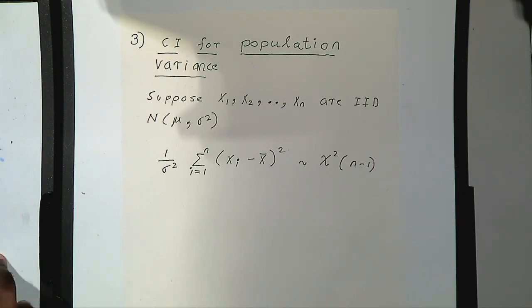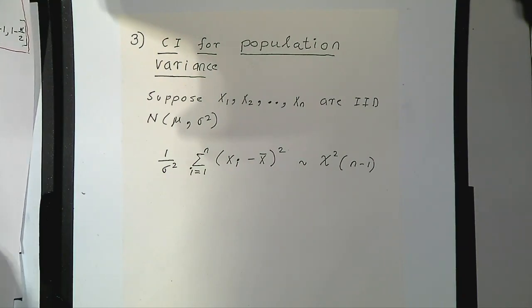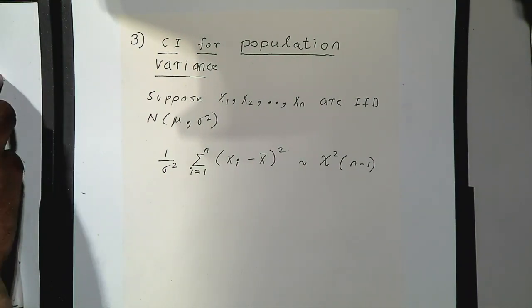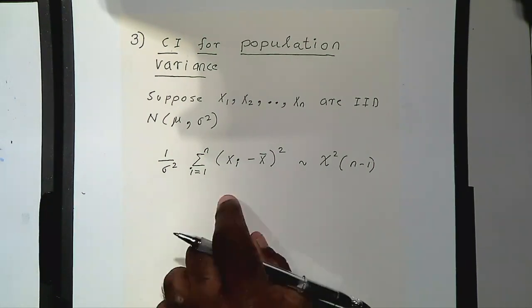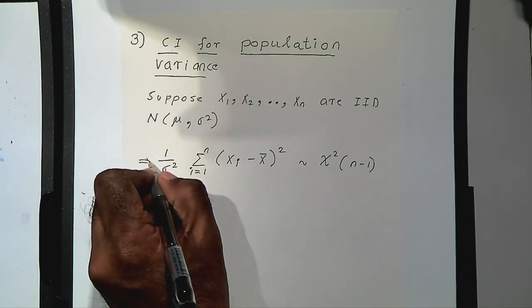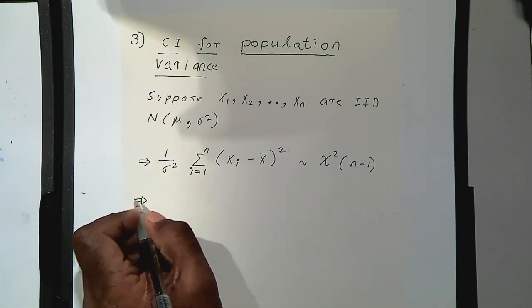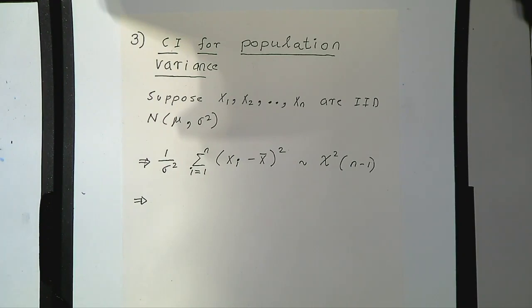Okay. Now what this implies is the following. If you look at the graph here, because this has a chi-square distribution with n minus 1 degrees of freedom, these two points here, between them, they have an area of 1 minus alpha, right? Okay?